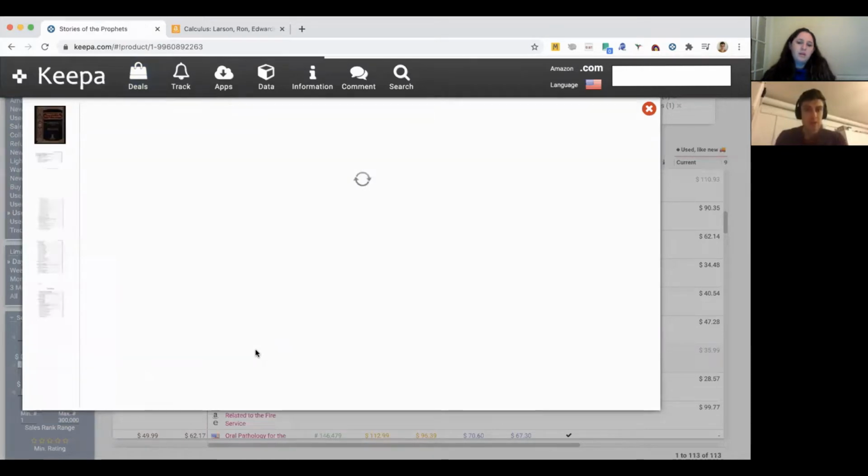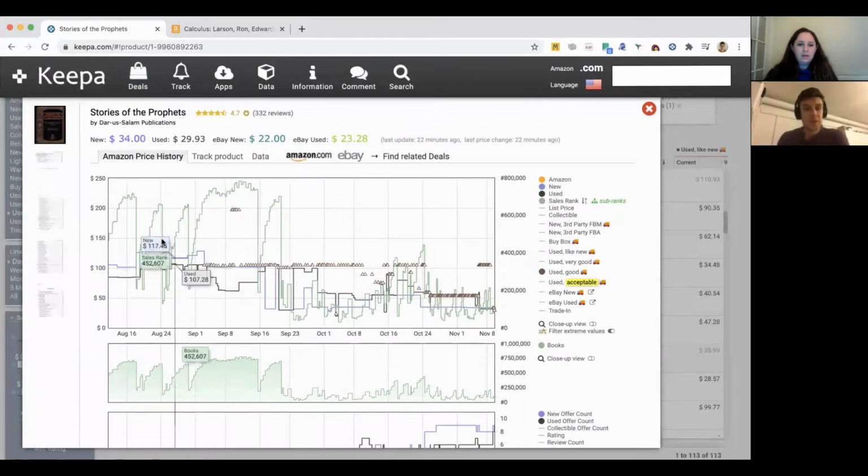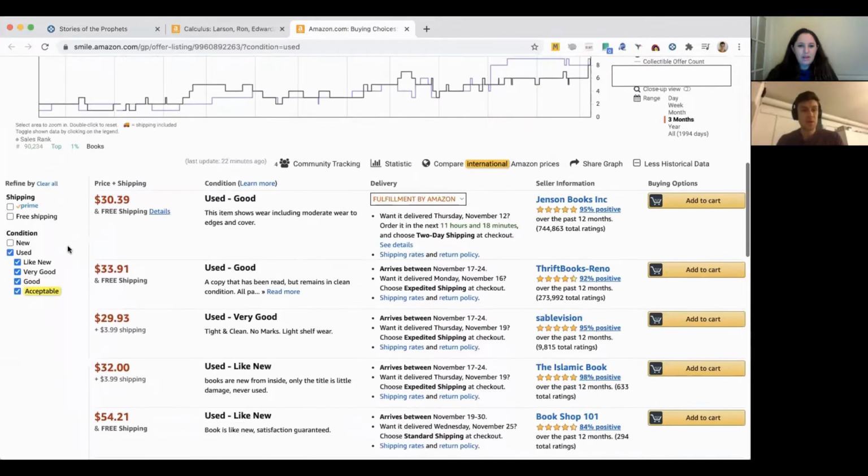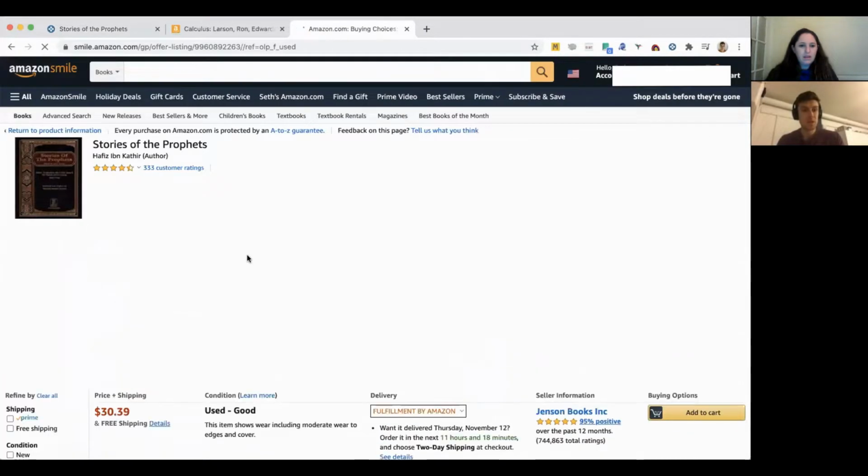Ah, okay. So if we look at the graph, we can see that in September and August, the price was quite inflated, and then recently it's gone down a little bit. Okay, so that's not a good one. It might be though, because remember what we said in the last video, we might not have said that actually, but the new offer, if we untick the used here and look at the new offer.